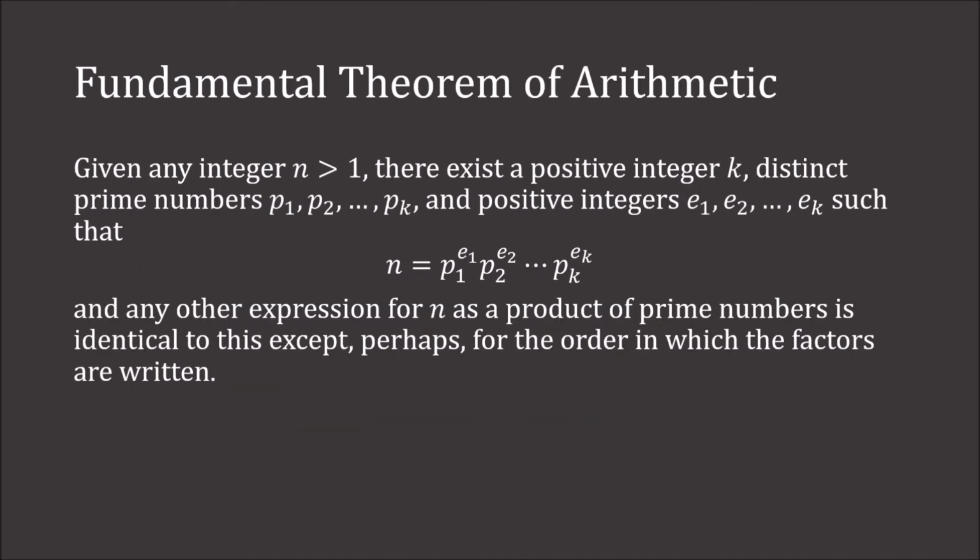And what this theorem says is, given any integer n greater than 1, there exists a positive integer k, distinct prime numbers p1, p2 through pk, and positive integers e1, e2 through ek, such that n is equal to p1 to the e1 times p2 to the e2 times and so on times pk to the ek, and any other expression for n as a product of prime numbers is identical to this, except perhaps for the order in which the factors are written.